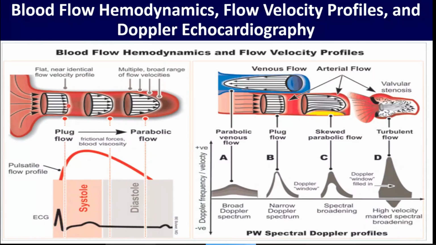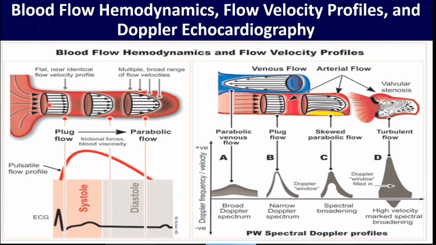Only thing is that blood is a non-Newtonian fluid, so it does not follow the same principles as water, which is a Newtonian fluid. Blood is a non-Newtonian fluid in the sense that there are several elements in the blood: the blood corpuscles, the white blood cells, platelets, RBCs, and plasma proteins and other substances contained in the blood.